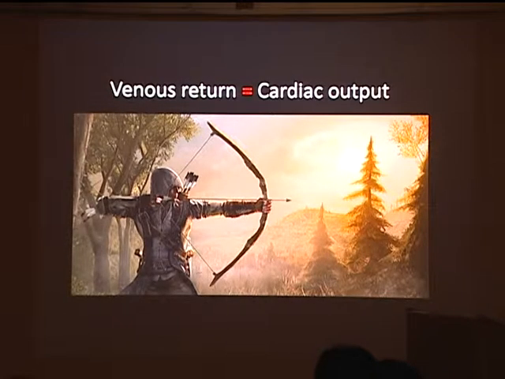You will be, right? If you have a very, very weak bow, you won't be able to shoot very far. But exactly how far your arrow shoots really depends on how hard you pull. The harder you pull, the further it goes. The weaker you pull, the less far it will fly, right? So the venous return actually determines our cardiac output.